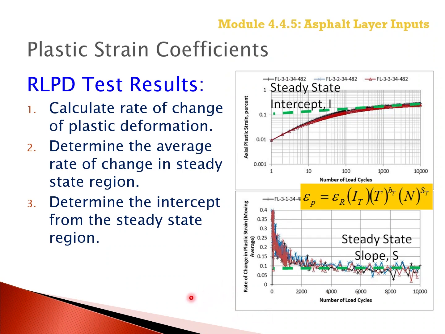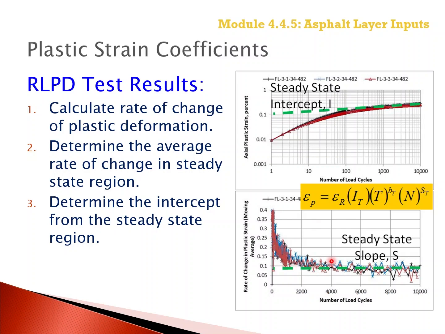This slide illustrates the repeated load plastic deformation test results for one temperature. The upper graph shows the cumulative axial plastic strain measured on a confined or triaxial test specimen. The lower graph includes the process data.